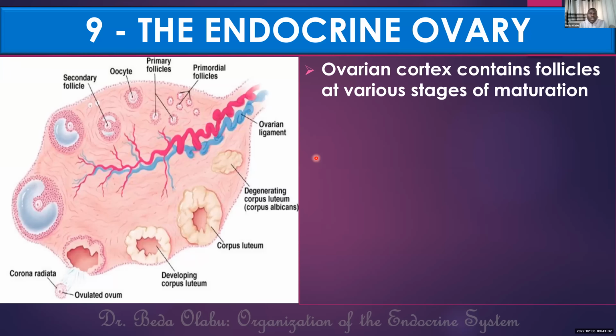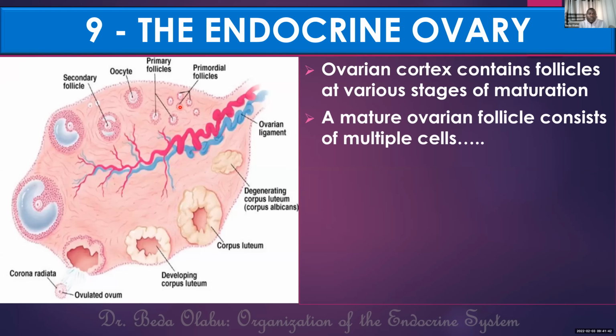I've told you that the ovarian cortex contains ovarian follicles at different stages of maturation, and that a mature follicle has several cells. There are those cells which go after ovulation, and there are those cells which remain after ovulation. In this image, these are the corona radiata, this is the zona pellucida, this is the oocyte.